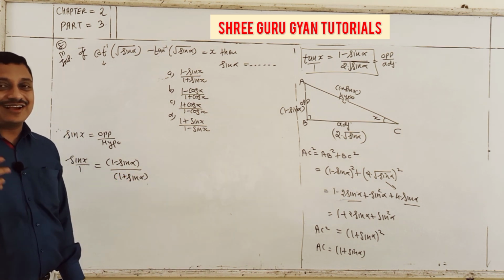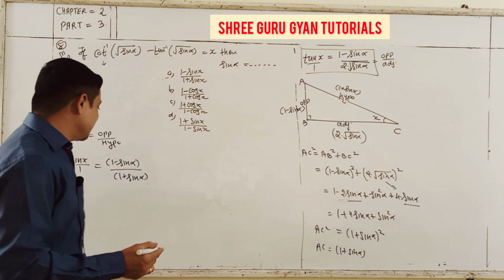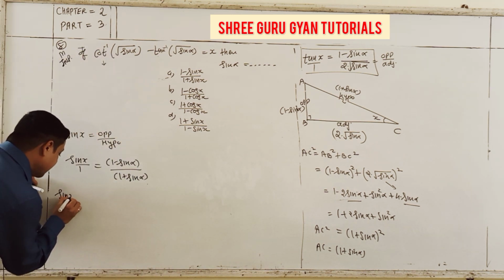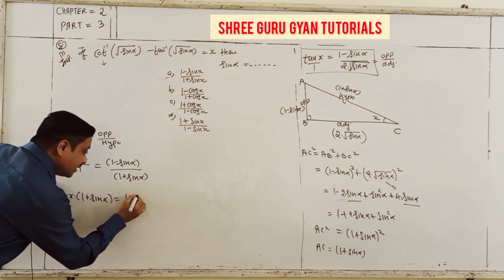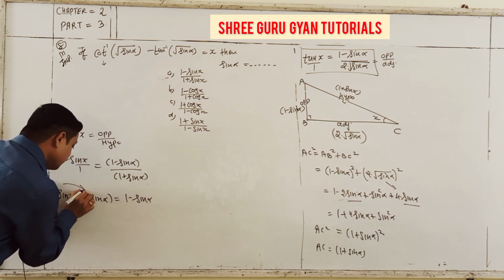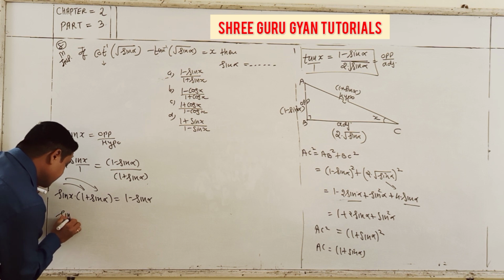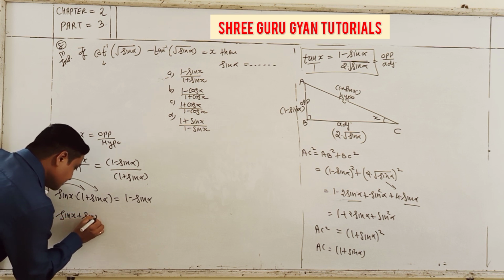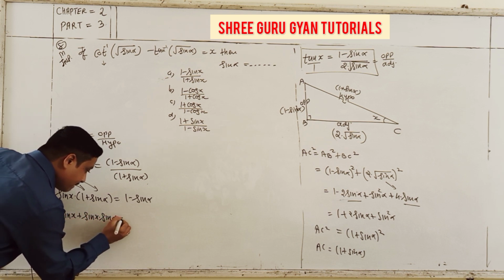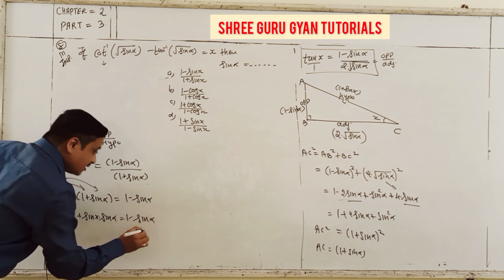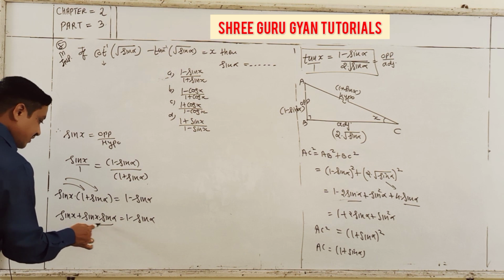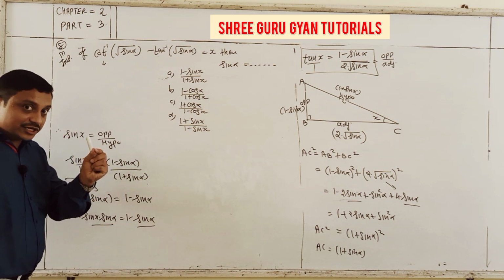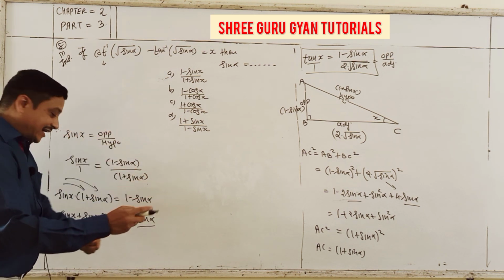Now you will conduct like term separation, cross multiply. Sine x with 1 plus sine alpha and 1 minus sine alpha, same. This multiply inside. Sine x plus sine x sine alpha equals 1 minus sine alpha. Yes, your target is sine alpha. That's why this sine alpha and this sine alpha I will both merge, and sine x convert to the right side.